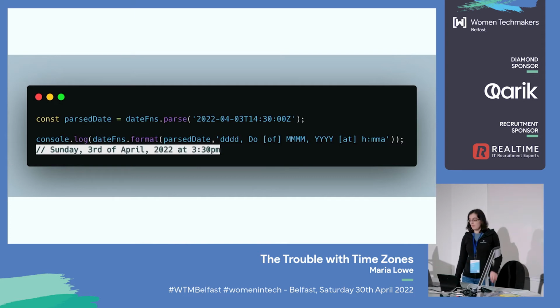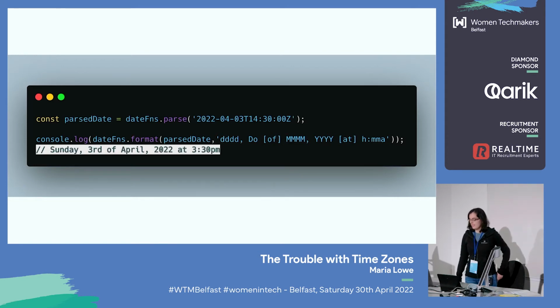We'd pass it like this and format the output, which will also automatically assume that we want the time in the user's local time zone by default. You can see that because of daylight savings, meaning that we're currently in British summertime rather than Greenwich Mean Time, this time was actually 3:30 p.m. in the UK, and the library has correctly calculated that for us.